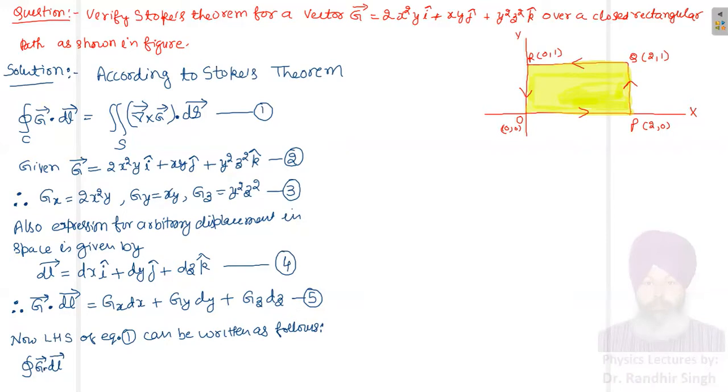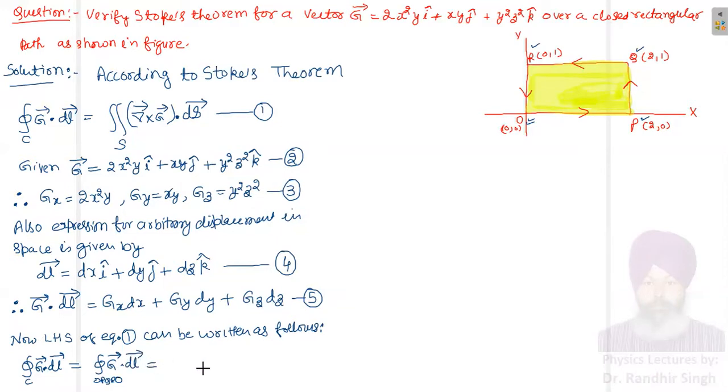This closed path is the rectangular path, so I can write it like this. You can see, I will start from O, then go to P, then to Q, then to R. Since the path is closed, I have to come back to O, only then will the closed path be covered. So I can write it as the closed path O, P, Q, R and O of g dot dl.